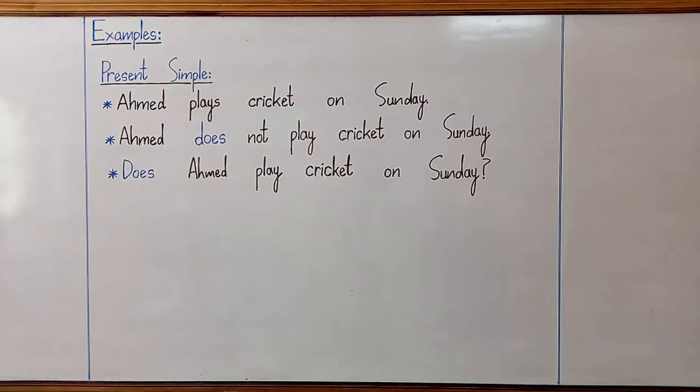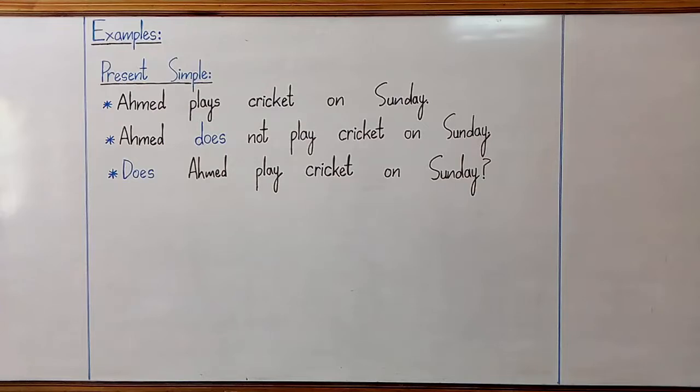The negative sentence is: Ahmed does not play cricket on Sunday. And the interrogative sentence is: does Ahmed play cricket on Sunday? So now you can see the usage of the first auxiliary verb of present simple, that is does. We use does in the negative sentence of present simple, and we use does at the beginning of the interrogative sentence.